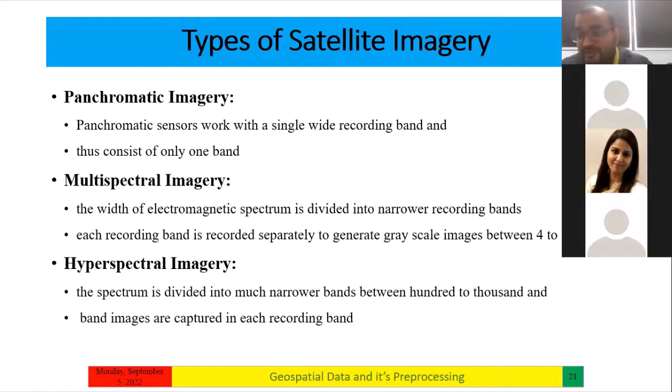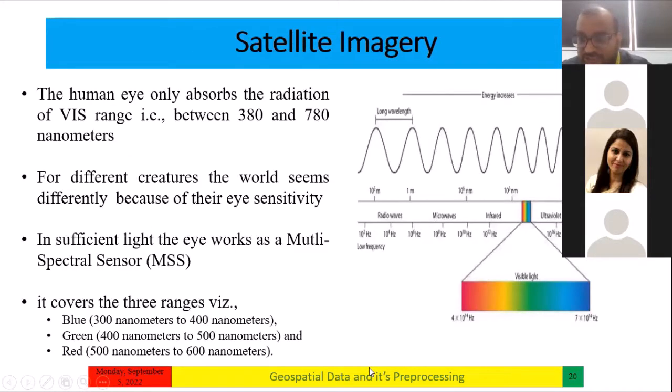On the basis of the electromagnetic spectrum, there could be three categories of satellite imagery: panchromatic, multispectral, and hyperspectral. I'll discuss from here what is panchromatic, multispectral, and hyperspectral. Suppose this is the range of the electromagnetic spectrum from 10 to the power 3 meter to 10 to the power minus 5 nanometer.